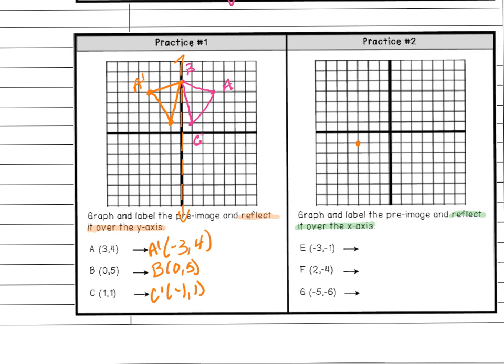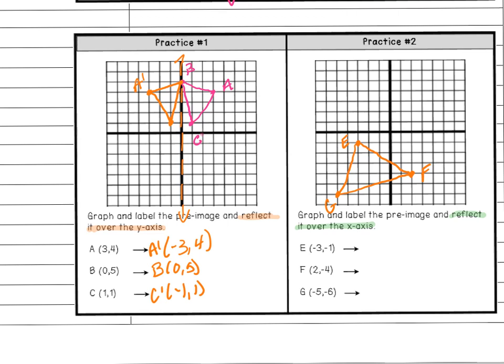So this is E. Okay, E. And 2, -4. And this is F. Fairly straight, that's pretty good. -5, -6. And this is G. Okay. Oof. And there's my semi-straight lines for you guys.